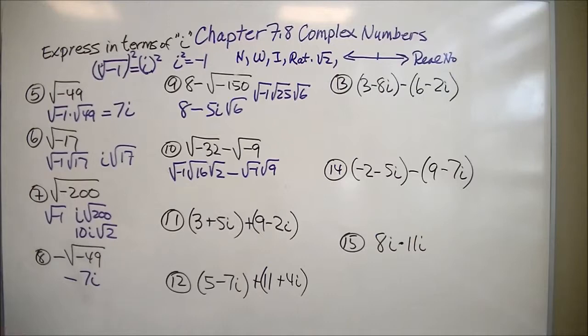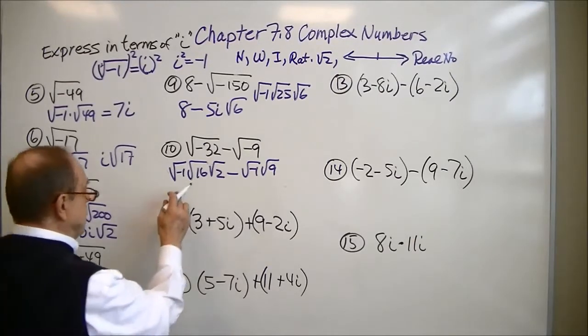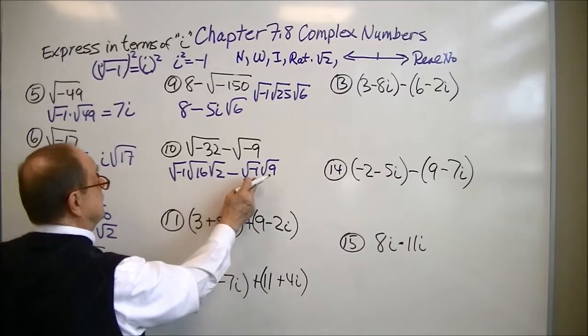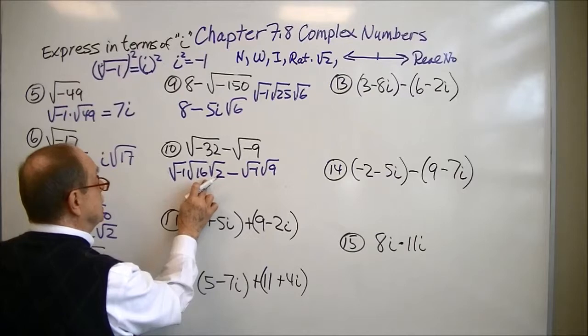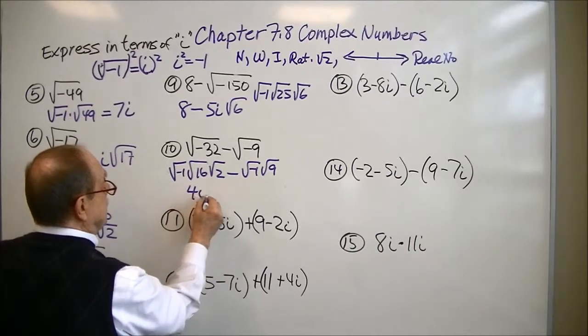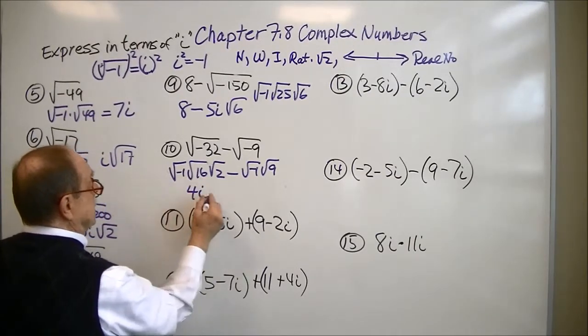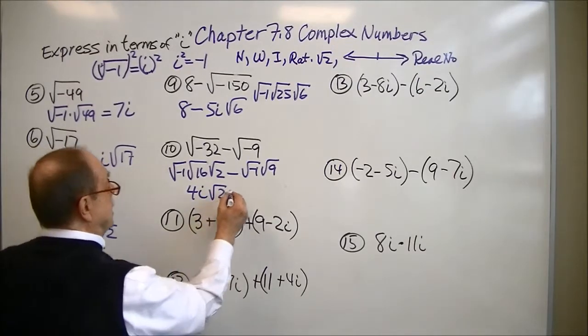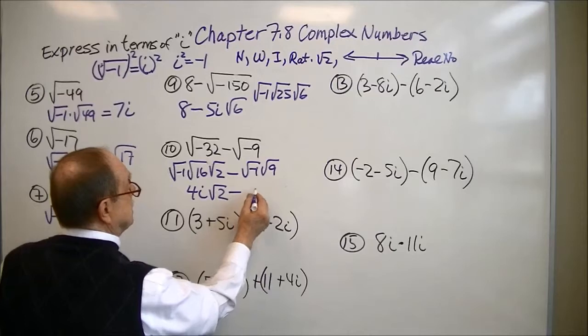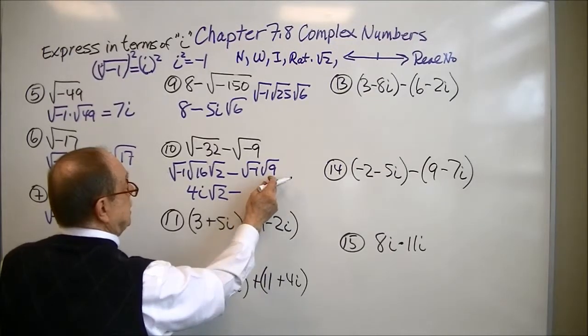So I'm trying to give you, again, a strategy of how we got to different places. We just know that this is an i and this is an i. So over here we have 4i, the square root of 2, minus 3i.